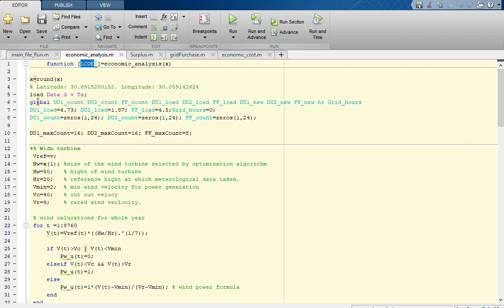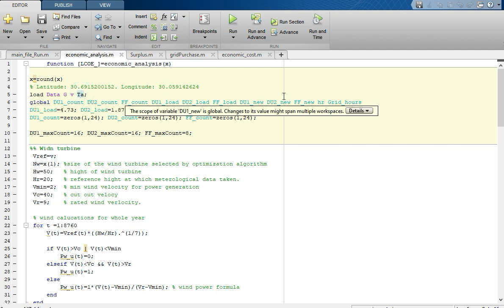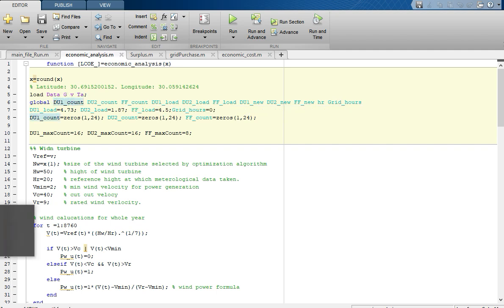Here we are loading the data and some parameters. It consists of your installation location data: G, meaning solar irradiation, wind velocity, temperature, and some different variables. Here we have du1, du2. Let me check.